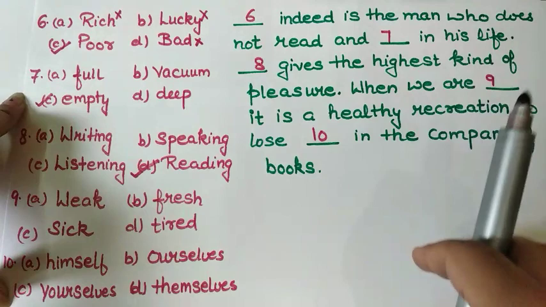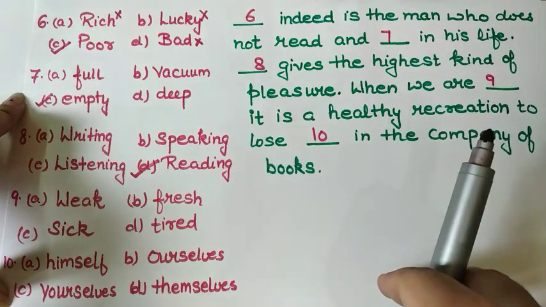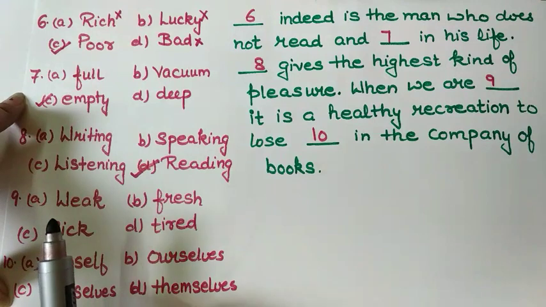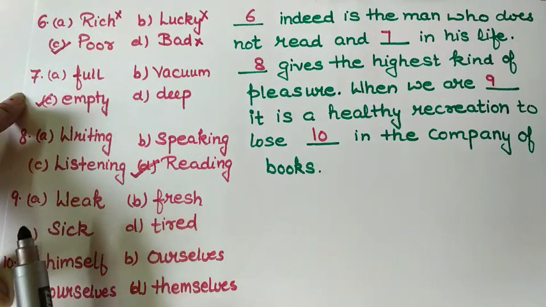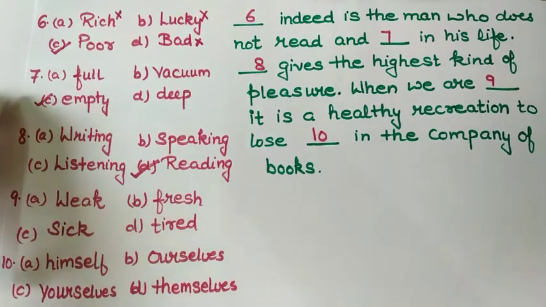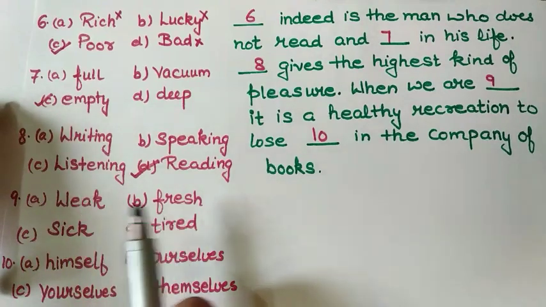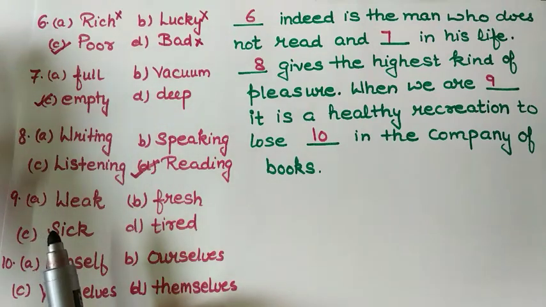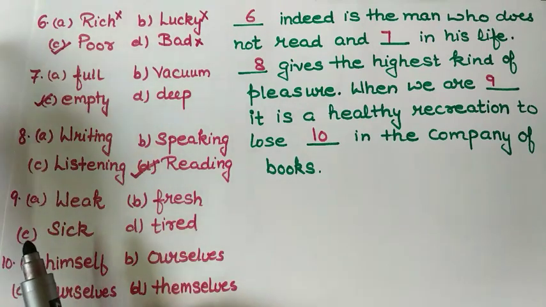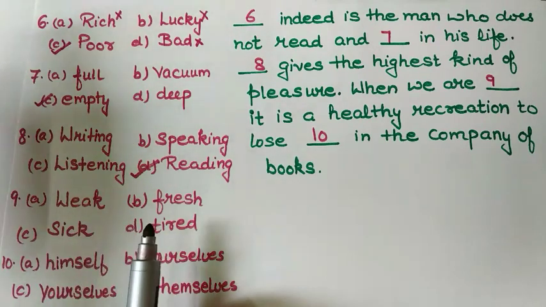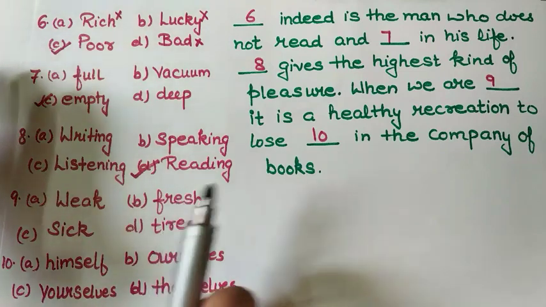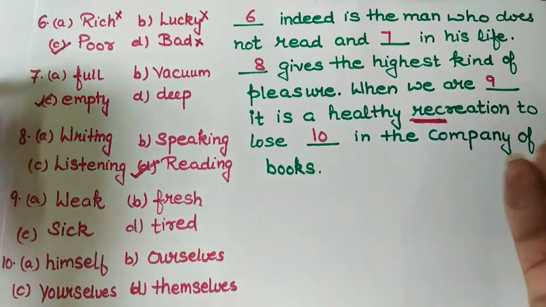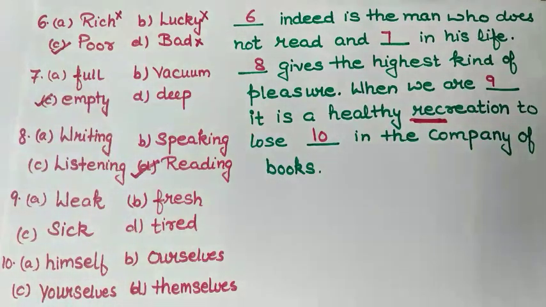When we are dash, it is a healthy recreation to lose. See the ninth blank. The options are weak, fresh, sick, and tired. When we are talking about recreation, it means we want to freshen up our mood, right?